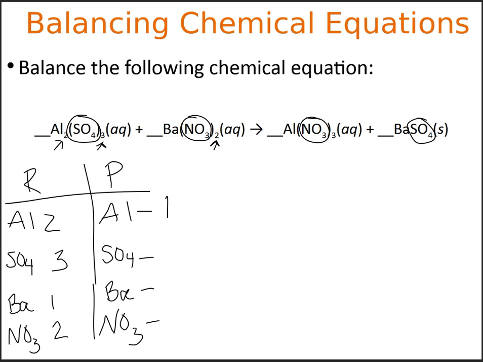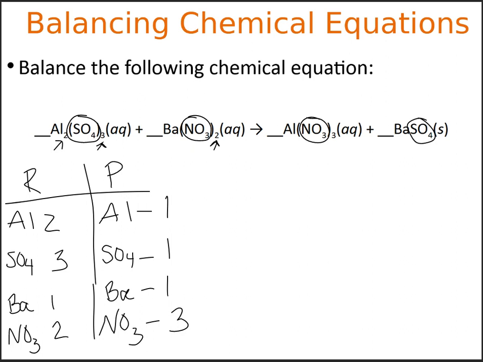We have 3 for NO3. I agree with that. I agree. We've got 1 for SO4. And 1 for barium. Thank you. So very clearly, we are not balanced. We've got some work to do.